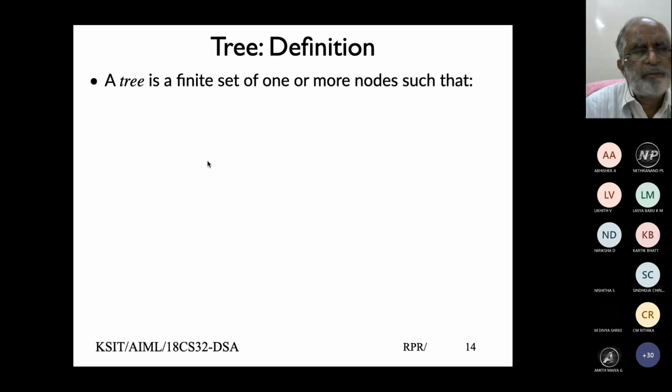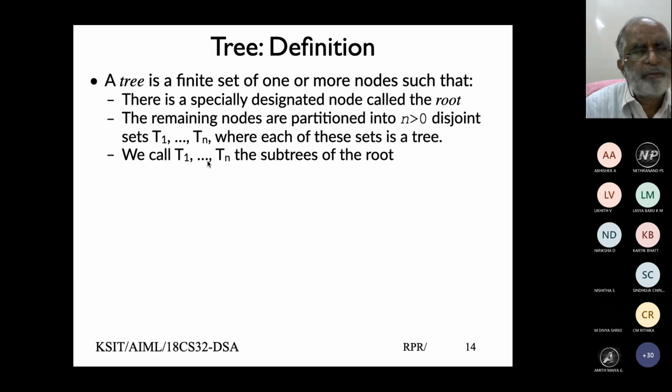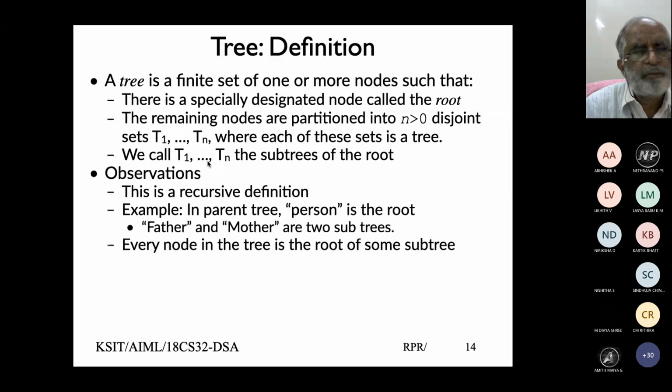In the next module we started with trees, and we defined a tree as a finite set of nodes, where one of them is called the root of the tree, and all the remaining nodes are partitioned into different sets, each of which defines a subtree having its own subtrees, with its own root. So that is the recursive definition, and we took the examples of a family tree, parental trees, and language trees.